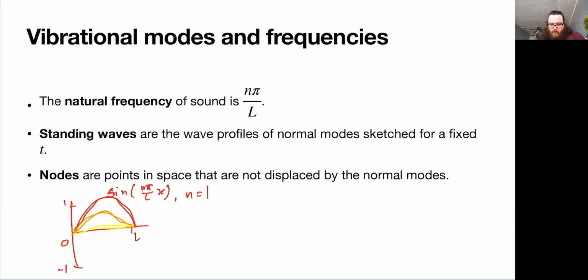Increase time a bit more, it'll be right there. Increase time a bit more, it'll be down here. Increase time a bit more, it'll go back to here. Increase time, it'll go here, etc. So as you increase t for this normal mode, this is a sketch of that mode for various values of t.